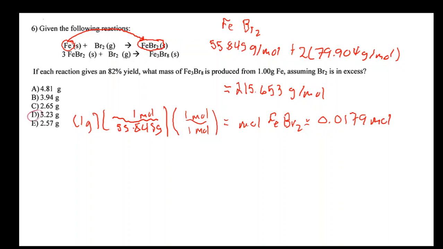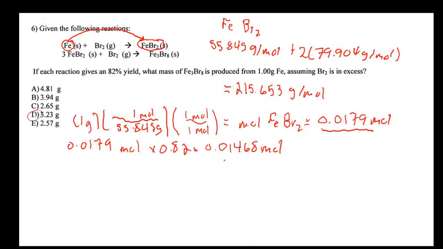So the question said that each reaction gives an 82% yield. So this is our theoretical yield, but it's saying in actuality we're only going to get 82% of that. So in order to calculate that, we'll just multiply that 0.0179 moles by 0.82 as a percentage, which will give us the actual yield for the first reaction, which is 0.01468 moles.